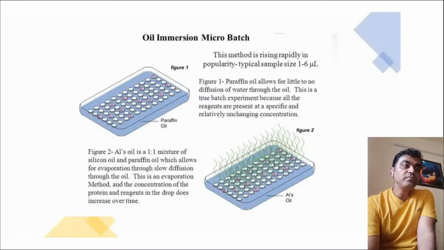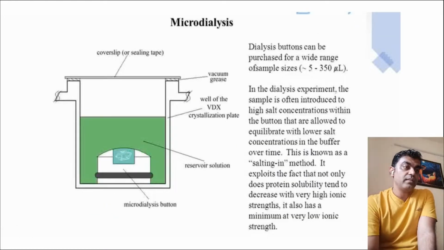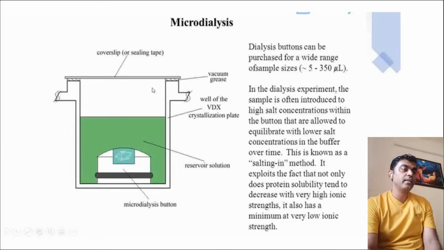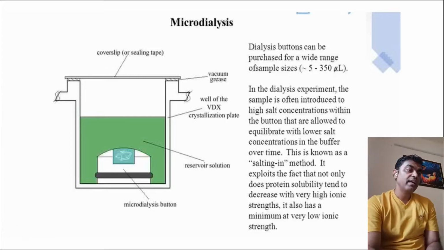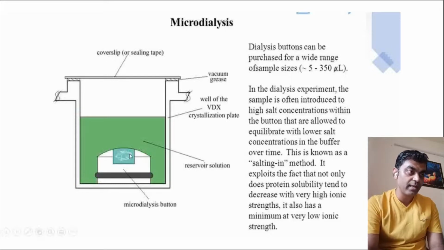Okay, now the third one is microdialysis. Again this is a similar reservoir setup which we discussed in the previous slides. Here interestingly we have a microdialysis button. This is one small platform, the sample is inside the button, and it is dipped in the reservoir solution, in an airtight closed environment.